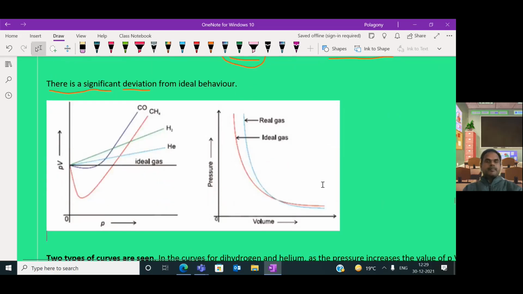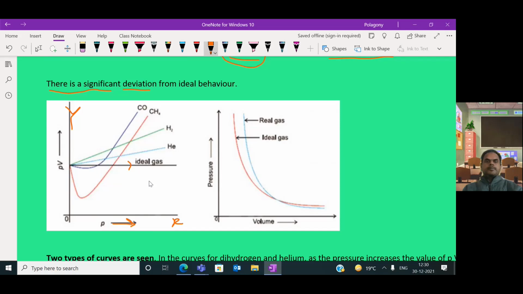Look at this graph, where the product of pressure and volume is taken on the y-axis and pressure is taken on the x-axis. The pressure increases from 0 to 1, 2, 3 along the x-axis.